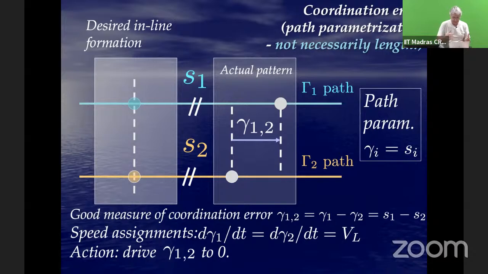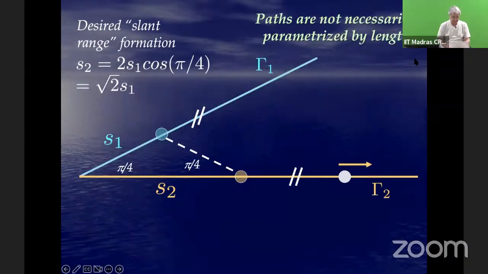So once they are on the paths, conceptually you want to steer them so that the difference between the lengths is 0. Okay. The paths are not necessarily parameterized by the length. So suppose you want to do something like the following. You want what we call a slant range formation.